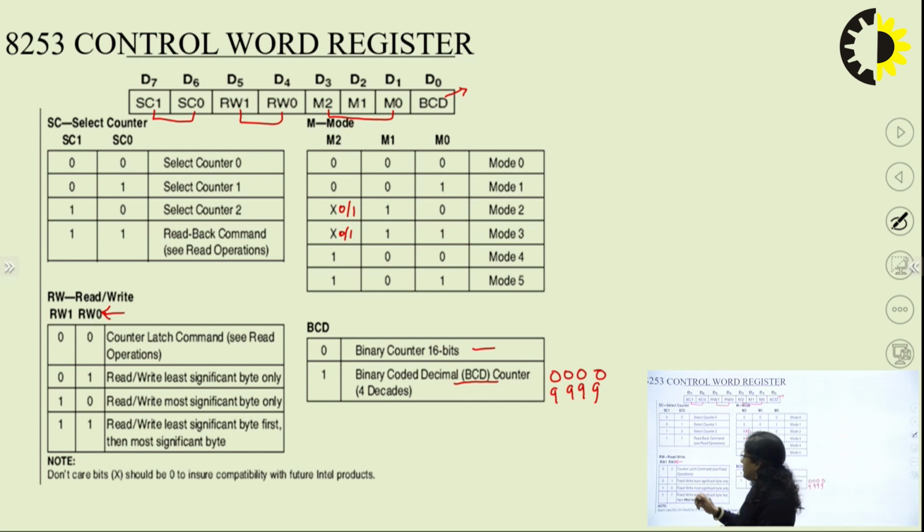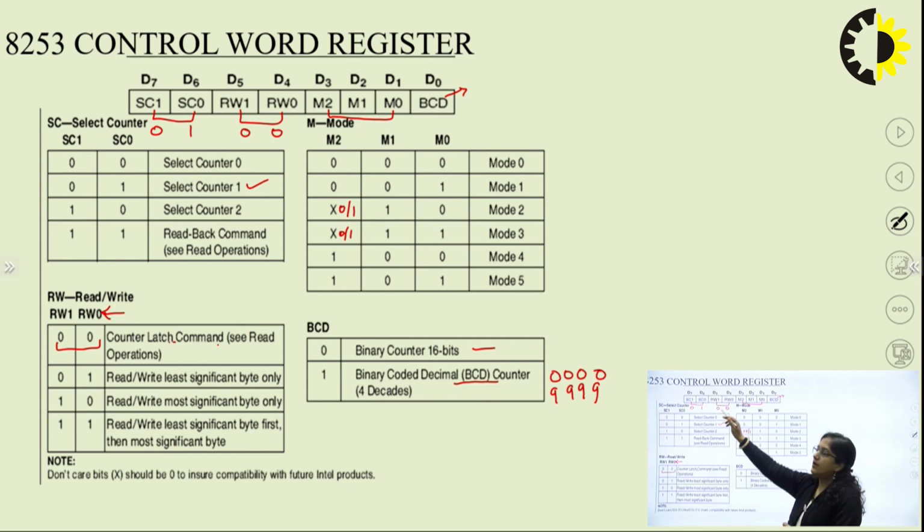If these 2 bits are 00, then the counter latch command will work, that is the microprocessor is reading the data from that particular counter. Suppose we have selected counter 1, that is 0, 1, and here we write 0, 0. Whichever mode it is working in, it will latch the content of the counter, and we will read that value from the counter.